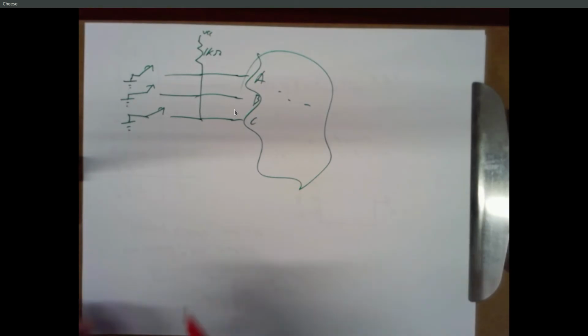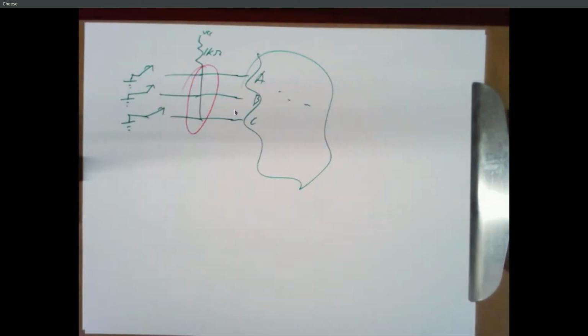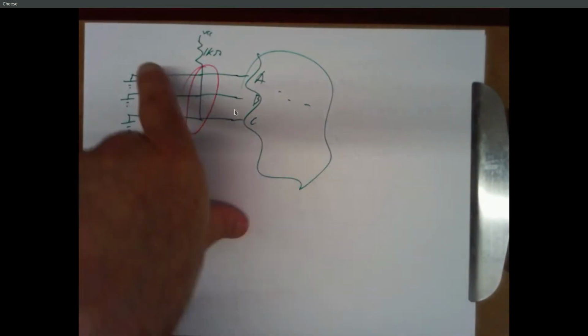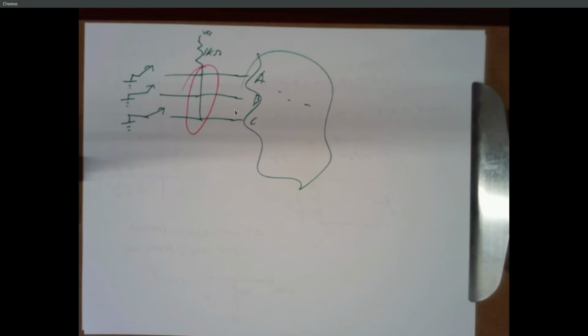And the problem with doing this is you've shorted your inputs together. So you really want a separate resistor pulling up each input, and then switches that can pull each input down to ground.